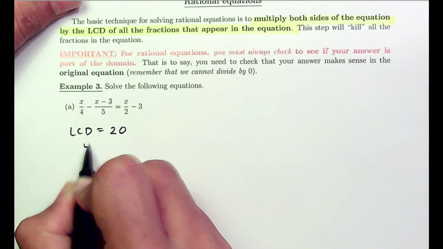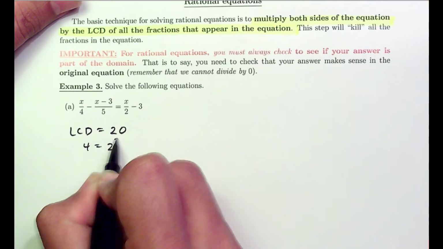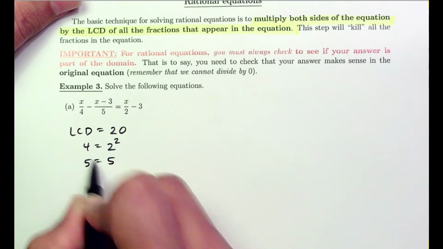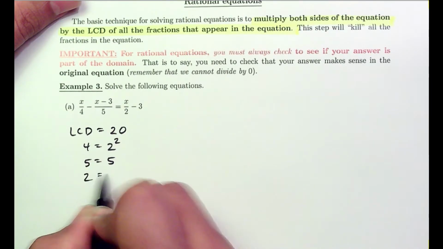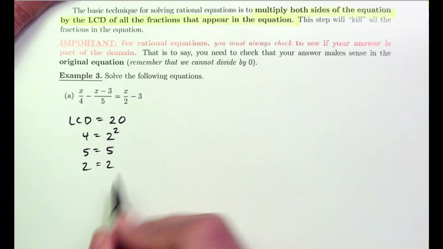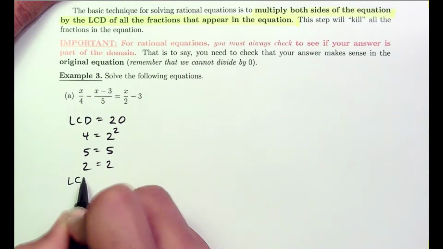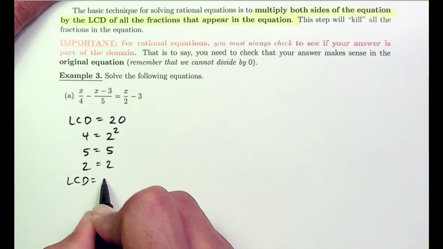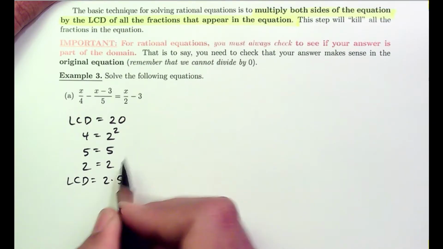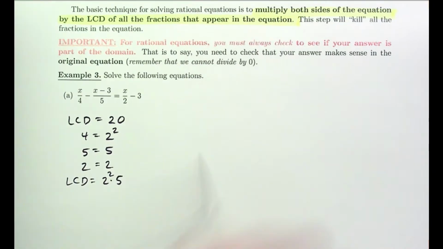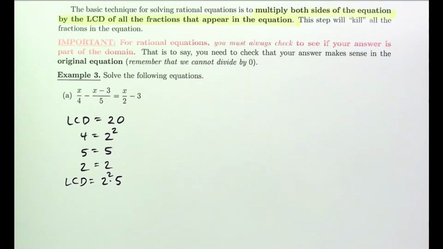So 4 is 2 squared, and then 5, we cannot really factor that, and then the other one is 2. You cannot really factor that either. And then the LCD is going to be, you write all the different factors, 2 and 5, and then you always choose the biggest of the exponents. So it should be 2 squared. And if you multiply 2 squared times 5, you do get 20.